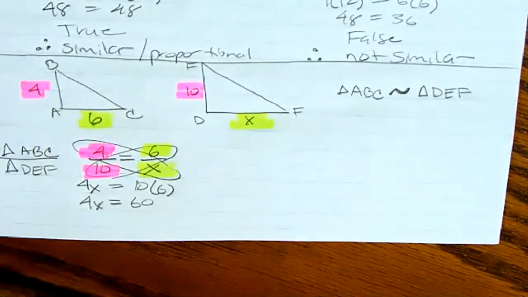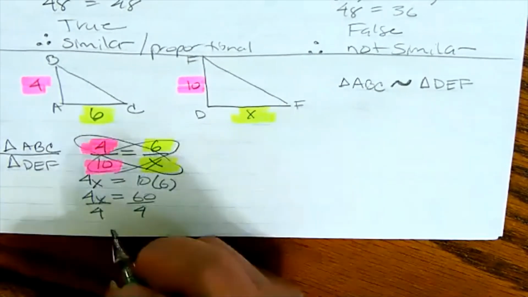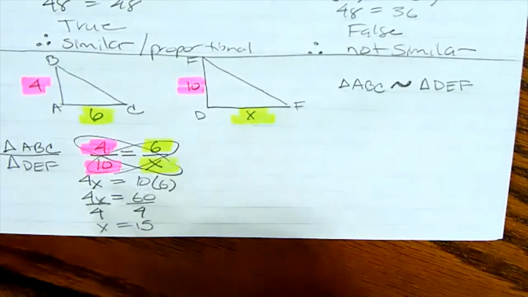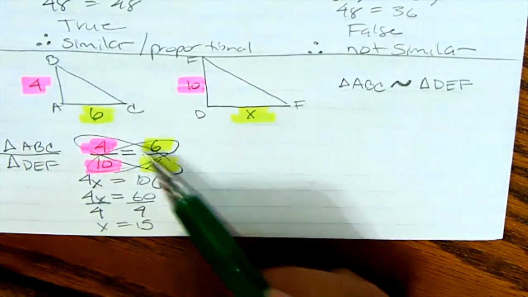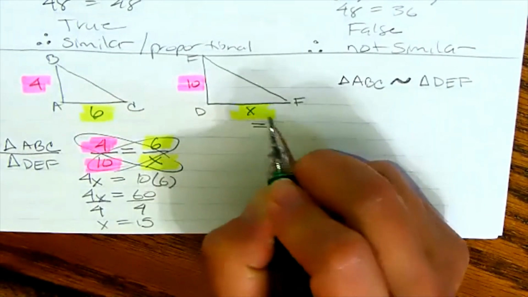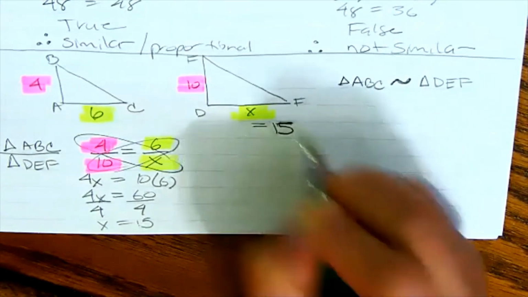I need to isolate my x, so let's divide by 4. X equals 15. So using the idea of equivalent fractions or proportions, we can figure out that this missing length is 15.